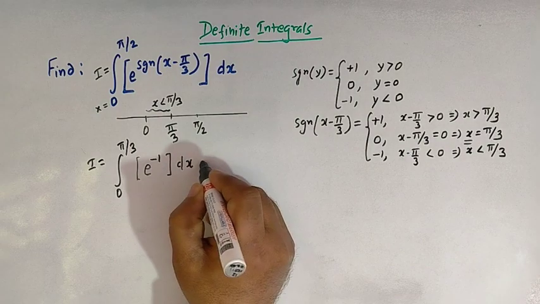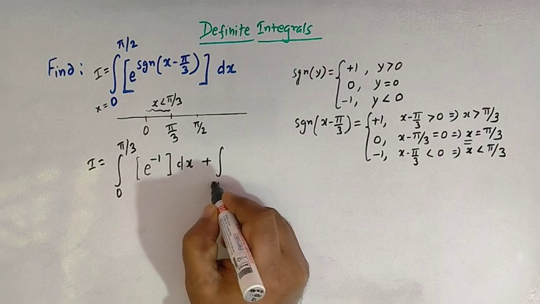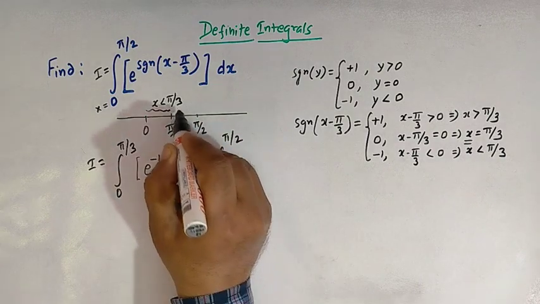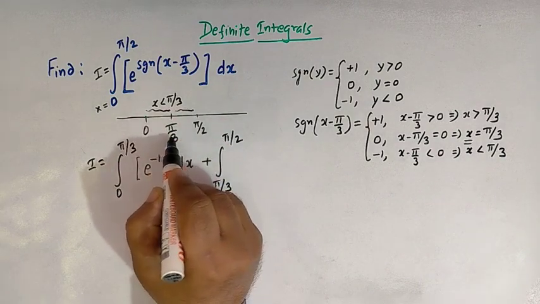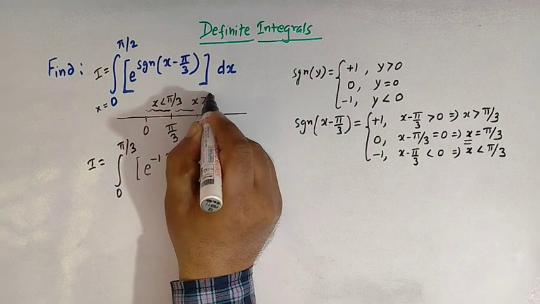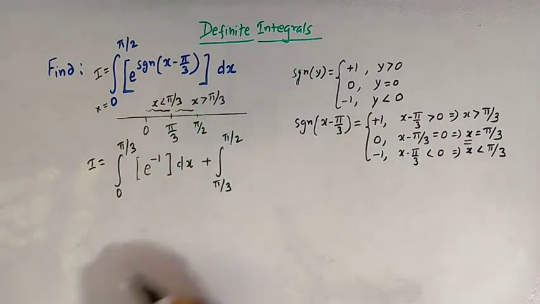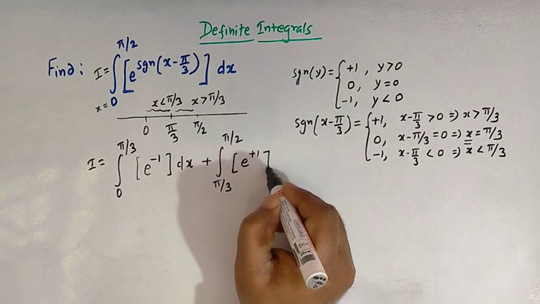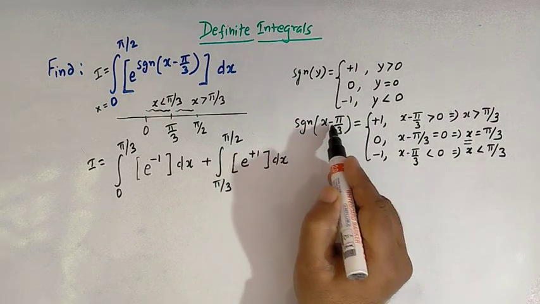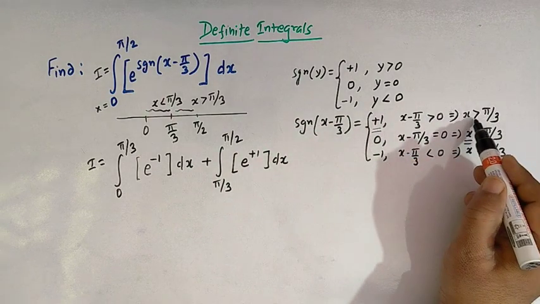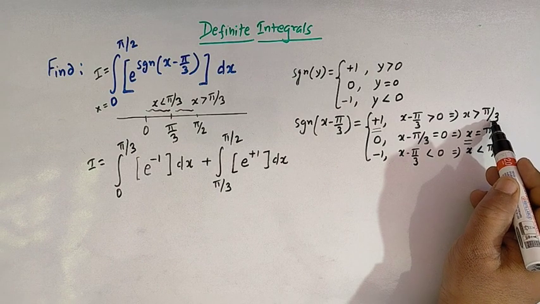Then we'll write the integral from pi by 3 to pi by 2. In this portion, x is greater than pi by 3, so we can write e raised to plus 1 here, because signum of x minus pi by 3 takes the value plus 1 when x is greater than pi by 3.